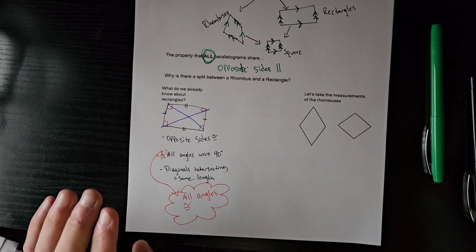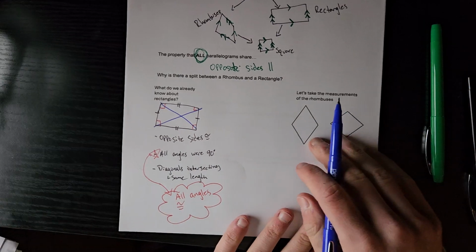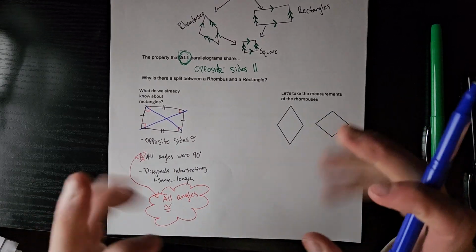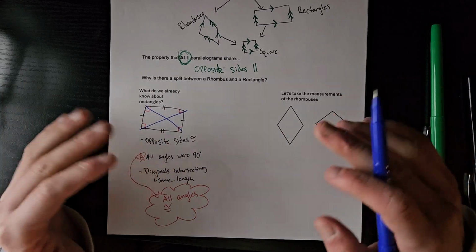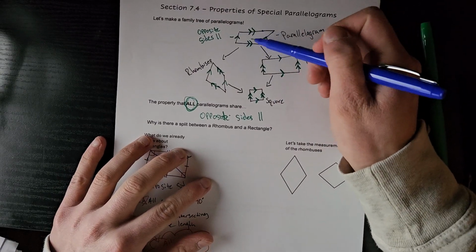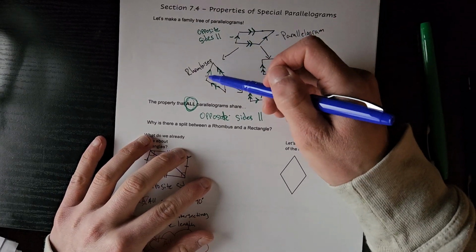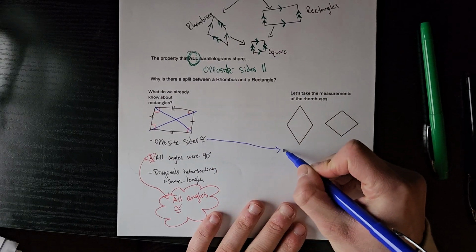Rhombuses. I will choose blue. Rhombuses still hold all the same properties as parallelograms. Still, everything that applied up here for this shape right here, that's a parallelogram, moves down here. So like this would apply.